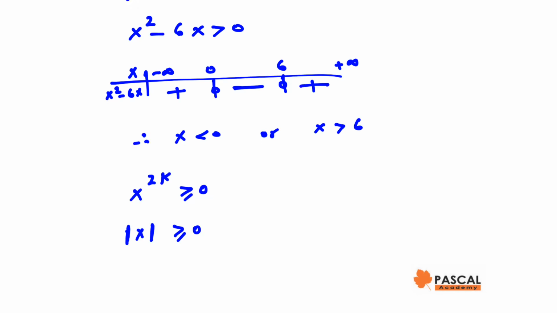Let's have an example on one of these. Let's assume we want to prove, for any two real numbers a and b, a2 plus 1 is greater than or equal to 2a.